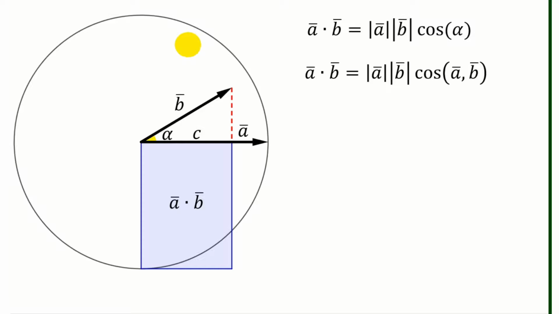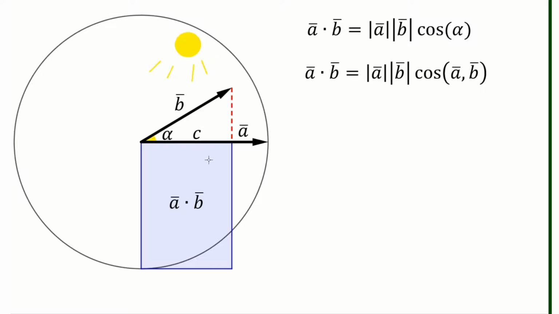So it's a shadow of vector B on vector A. Here we have the sun. So C, which is the projection of vector B on vector A, you can kind of think of as a shadow of this vector on this vector.